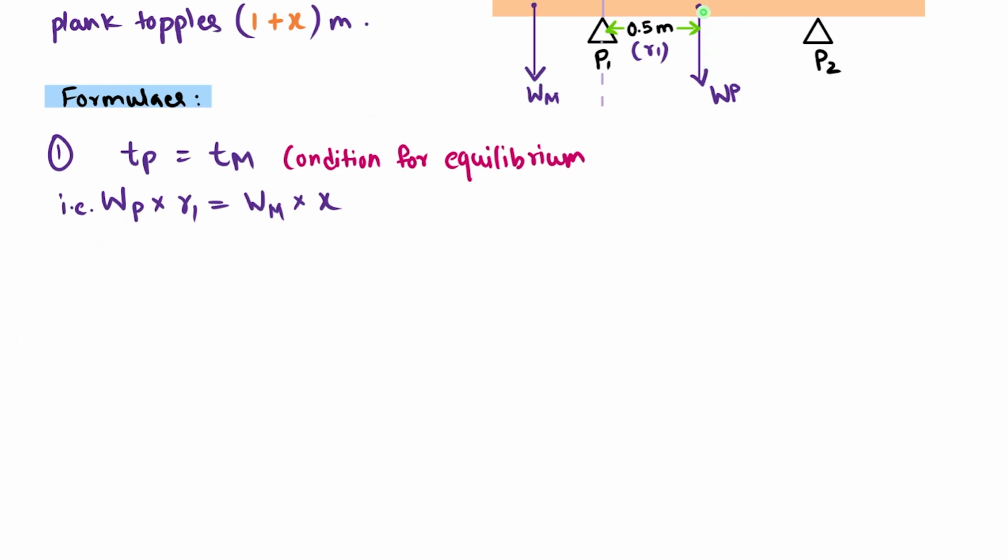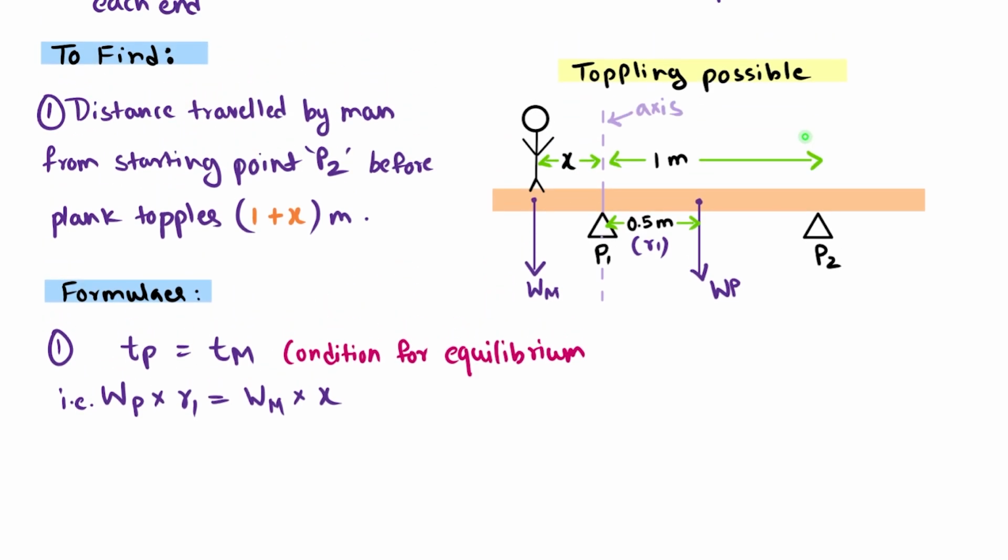So for plank, it is weight of the plank into the perpendicular distance represented by vector r1. And in this case, its magnitude would be 0.5 meters, which is half of this distance. Since the distance between both the pivots is 1 meter, half of that distance is 0.5 meters. So r1 is 0.5. And torque acting on the man would be the weight of the man into the perpendicular distance x.